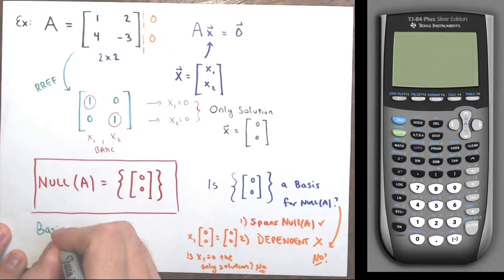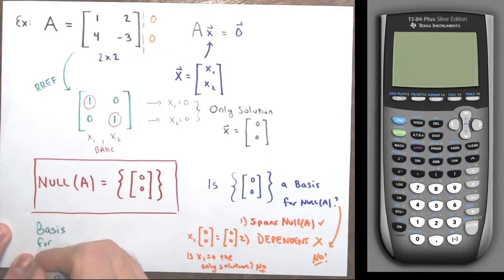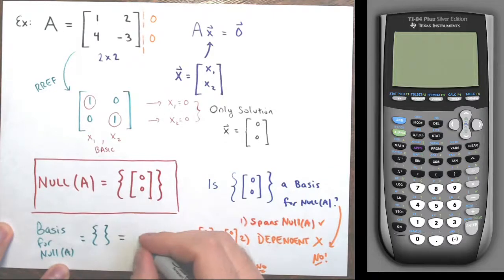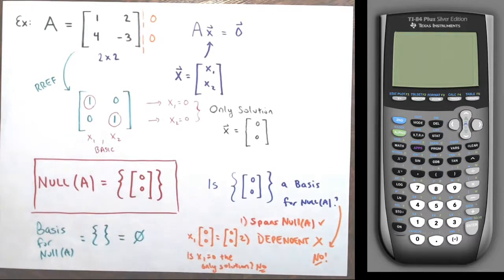So the basis for the null space of A in this case is empty. You can write the empty set, just a set of brackets with nothing in it, or that circle with a slash through it. Remember, this is the empty set. It has no vectors in it.